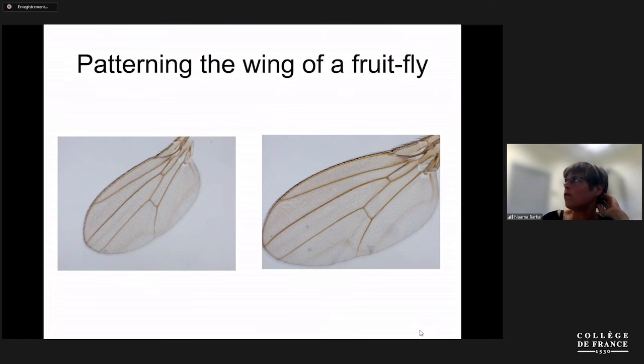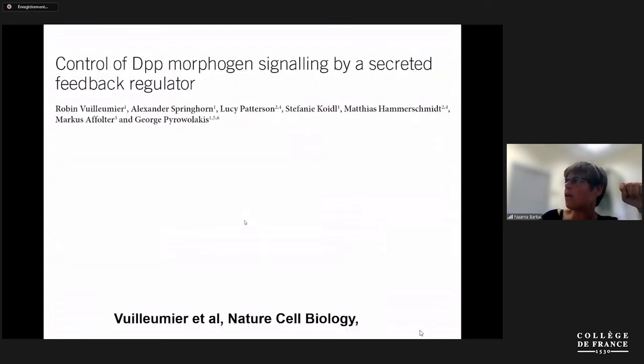It's the patterning of the wing of the fruit fly. This is the wing of the adult fly, but it is actually being patterned earlier during the larva stage. There is a wing disc, which becomes the two-dimensional tissue that, when patterned, gives rise to this nice system. And there was a very beautiful paper that defined a new component in the system.